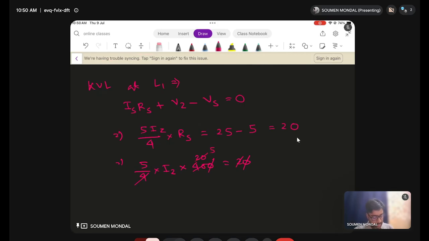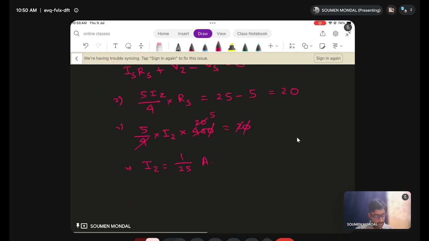So Iz is 1 by 25 ampere. Therefore, IL is 1 by 4th of that. That means IL is 1 by 4 into 25, which is 1 by 100 ampere, and we can convert it to milliampere, it will be 10 milliampere.